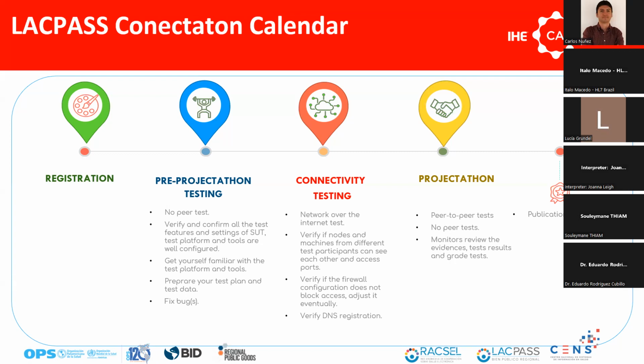After that, we'll have another final report, the global report. That report will be provided by LACPASS. It's more global, to say, okay, we have 15 participants, 100 tests have been executed, 2 tests failed, or 40 tests were successfully verified, or something like this.